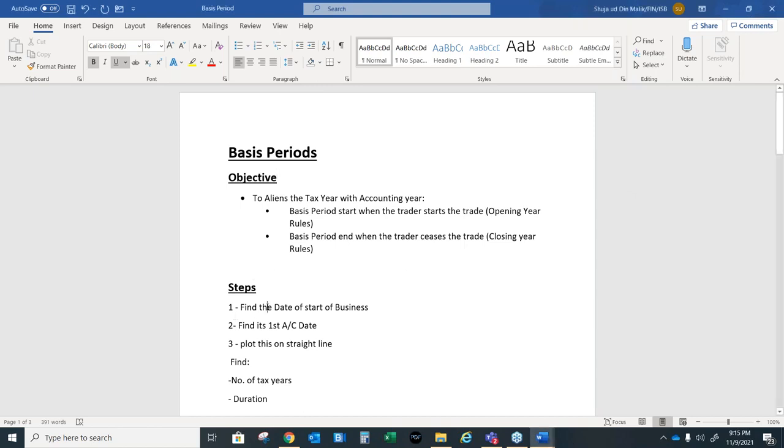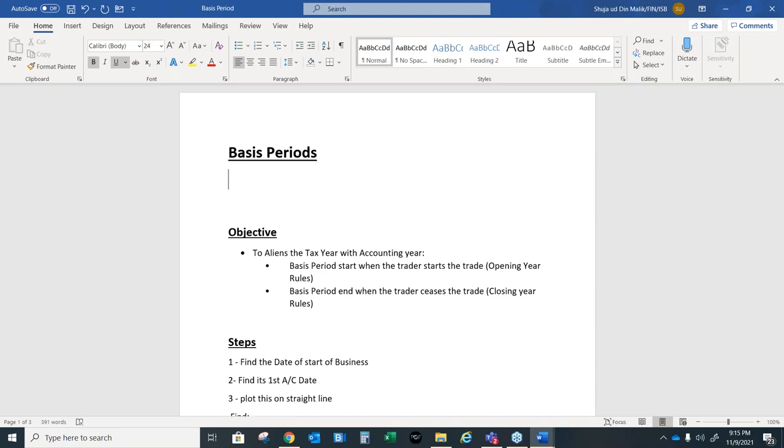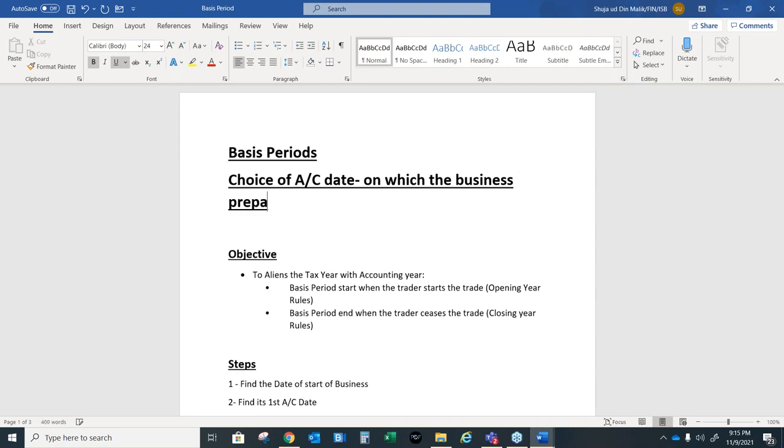Basic steps you need to follow while attempting the basis period question. First of all, you need to know when basis periods are required. You have gone through the topic choice of accounting date. We mentioned what is accounting date. Accounting date is the date to which the business prepares its accounts.